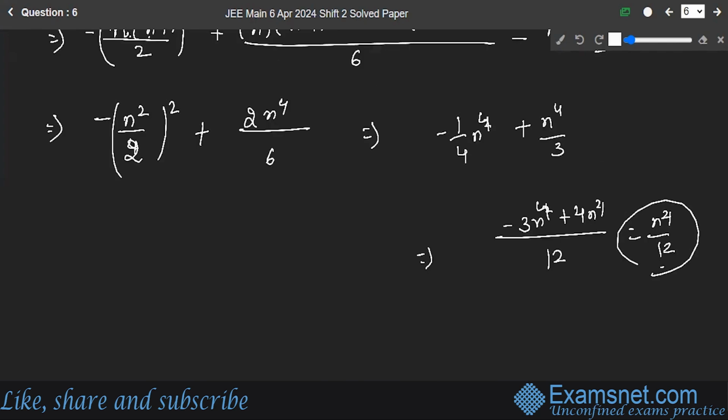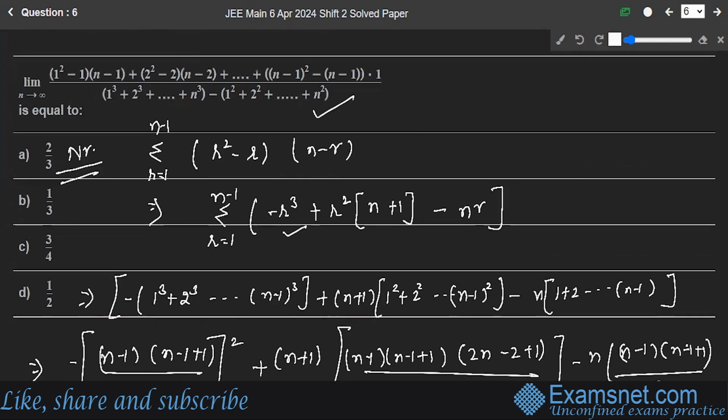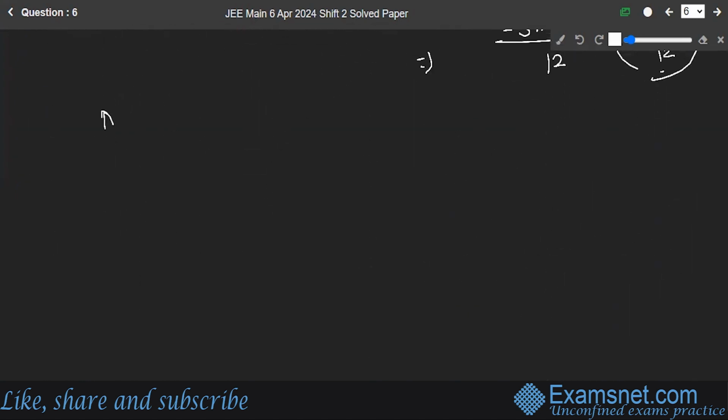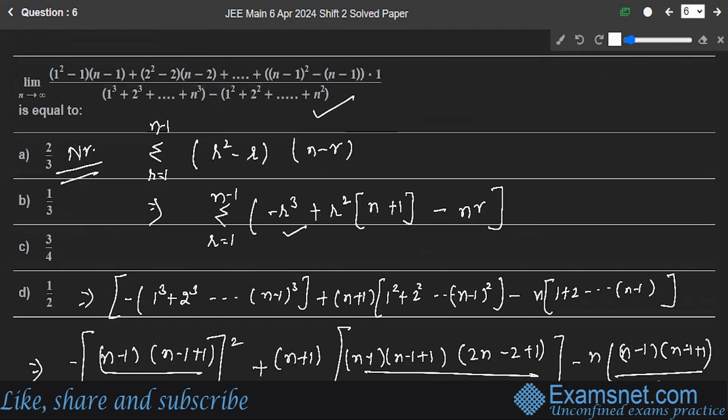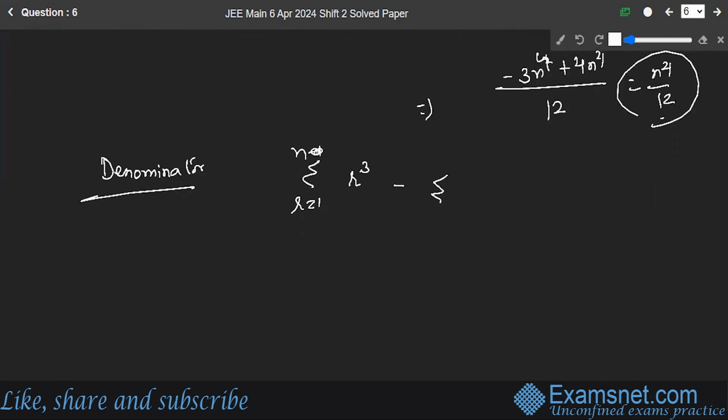Now let's check with the denominator. The denominator is the summation from r equal to 1 to n, where it is still n, not n minus 1. The denominator had the cubes, so it is r cube minus r square.